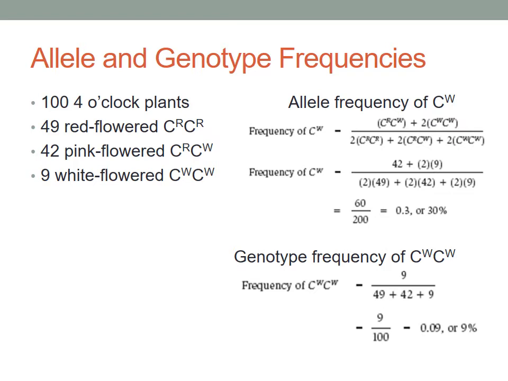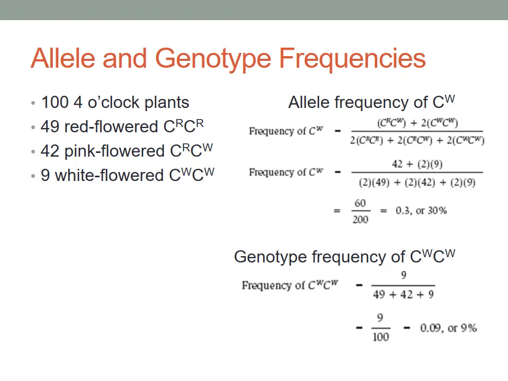Well, you know that both of our white plants, both alleles are going to be white. CW, CW. So what you're seeing at the top is your frequency of CW equals. And then the top line of that shows CRCW.